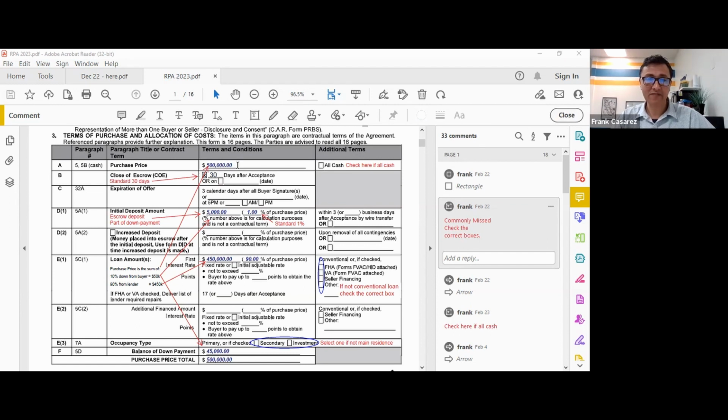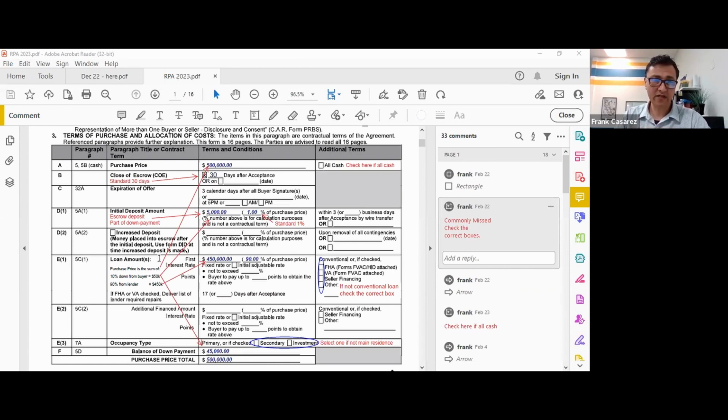So how we get this number right here is by taking whatever price you're offering and subtracting the amount of down payment that the buyer is bringing to the table. Everyone understand that? The amount of the down payment that the buyer is bringing to the table, you simply subtract that amount from the offer amount and you will get this amount.